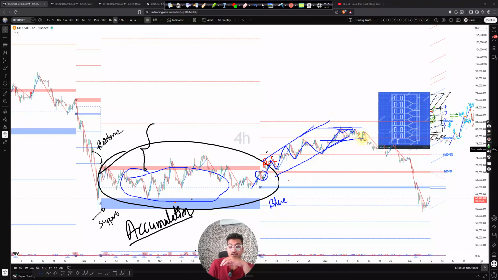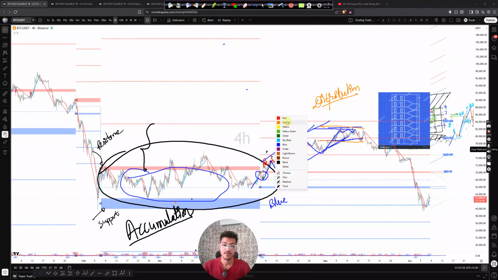Then when the market stops there, and I'll show you the distribution, we call this distribution structure. Okay, and then after that we have this fall of the market, and we call this markdown.